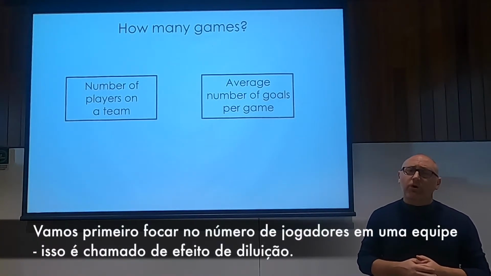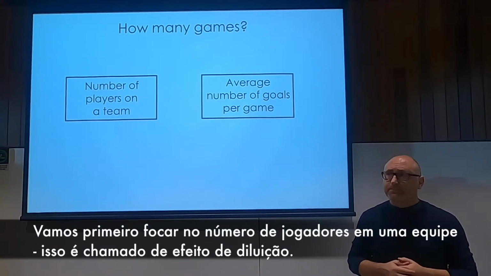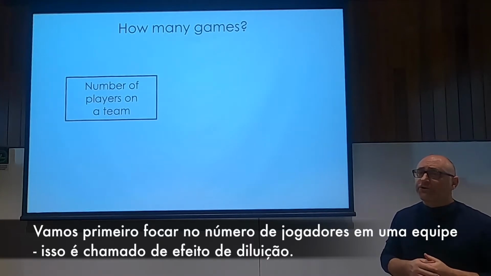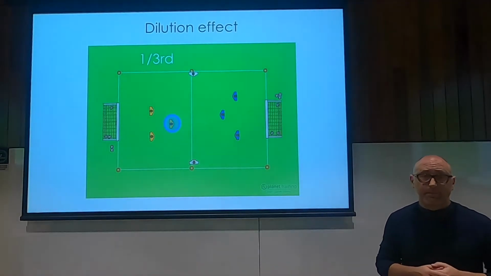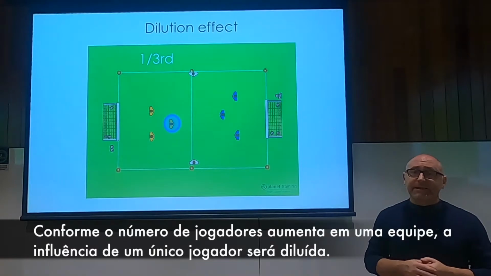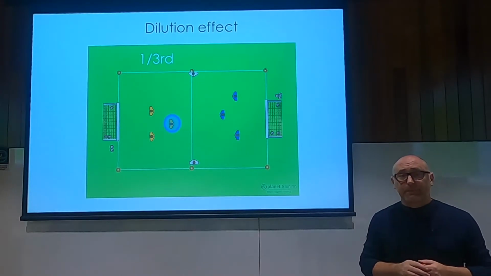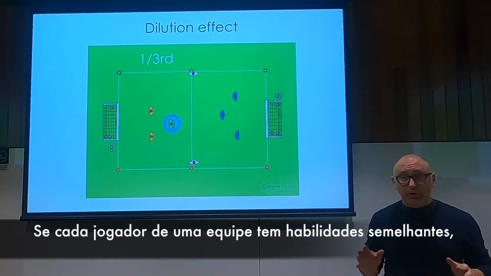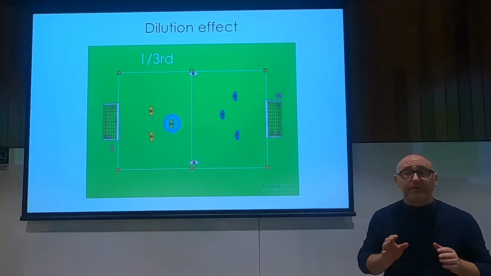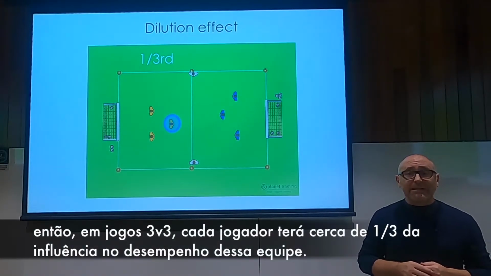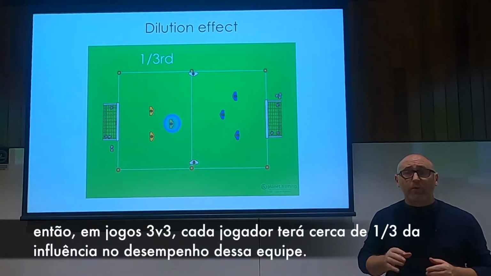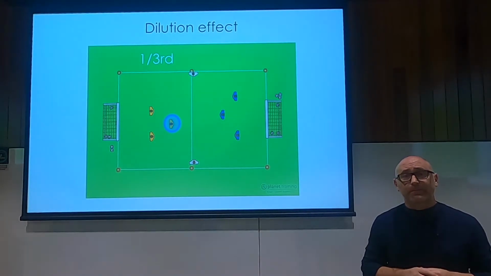Let's first focus on the number of players in a team. This is called the dilution effect. As the number of players increases on a team, the influence of any single player will be diluted. If each player on a team has similar abilities, then in the 3 versus 3 games, each player will have around 1/3 of the influence on that team's performance.